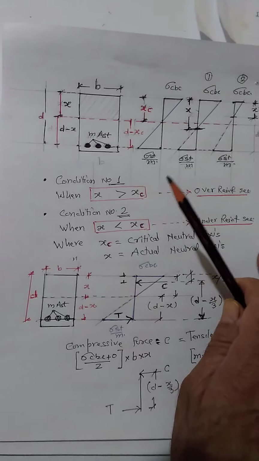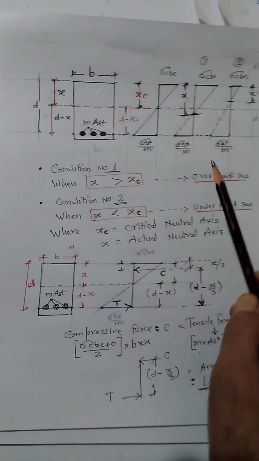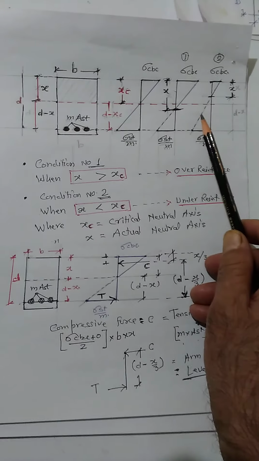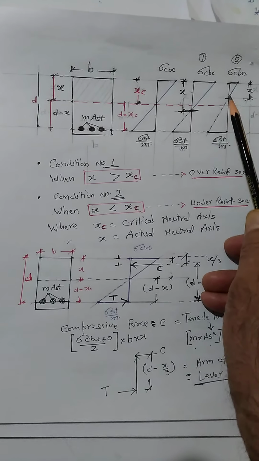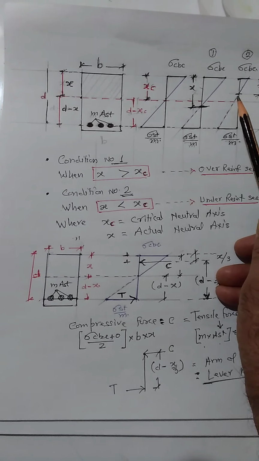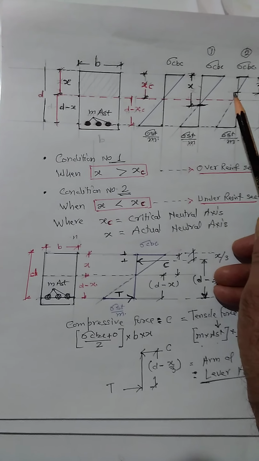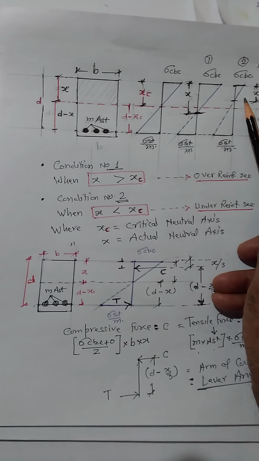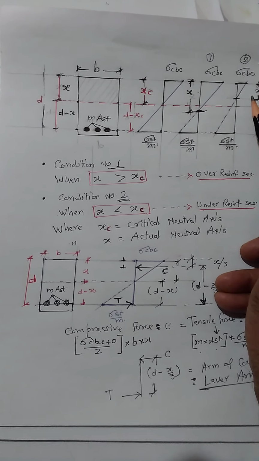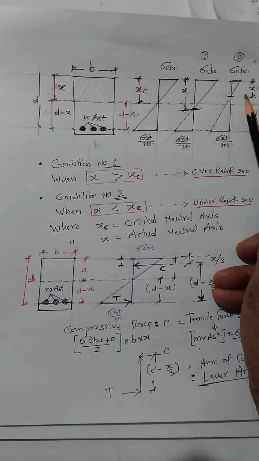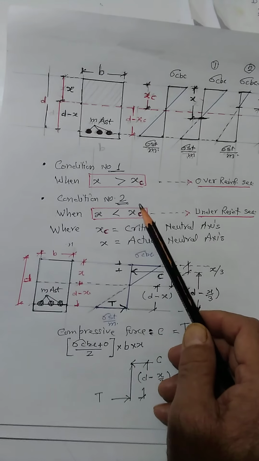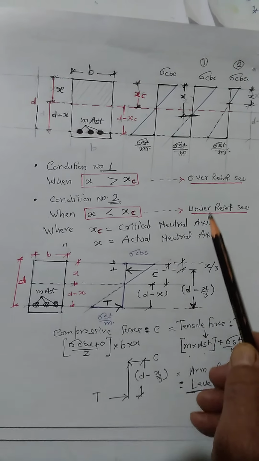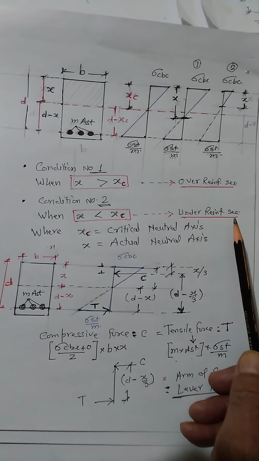Similarly, condition number 2 says that when x is less than xc, you can see that xc is more, so x is less than xc means we are providing less steel, which means the concrete is richer, hence the neutral axis shifts into the concrete zone. Under such circumstances, where the concrete is more and we are providing less steel, it is called an under reinforced section.